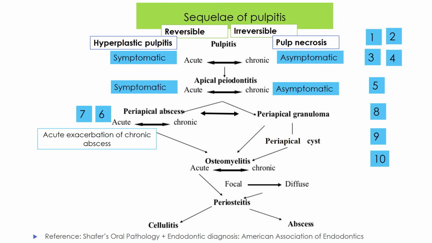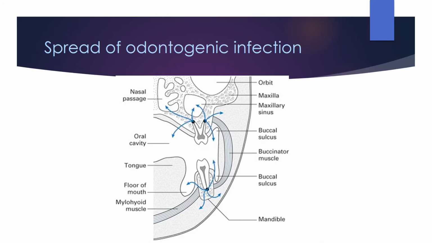When apical periodontitis is not treated and it progresses further, it could go on to an abscess, which could be acute, chronic, or acute exacerbation of a chronic abscess. And then there could be variations such as periapical granuloma, cyst, and moving on, it further spreads to osteomyelitis, periostitis, cellulitis, or an abscess. So let's look at the remaining terminology in the coming slides.